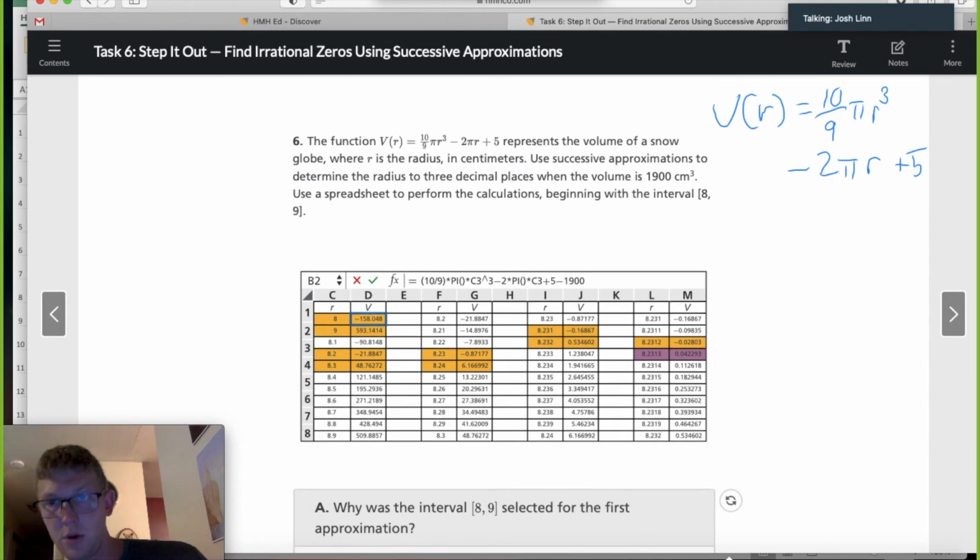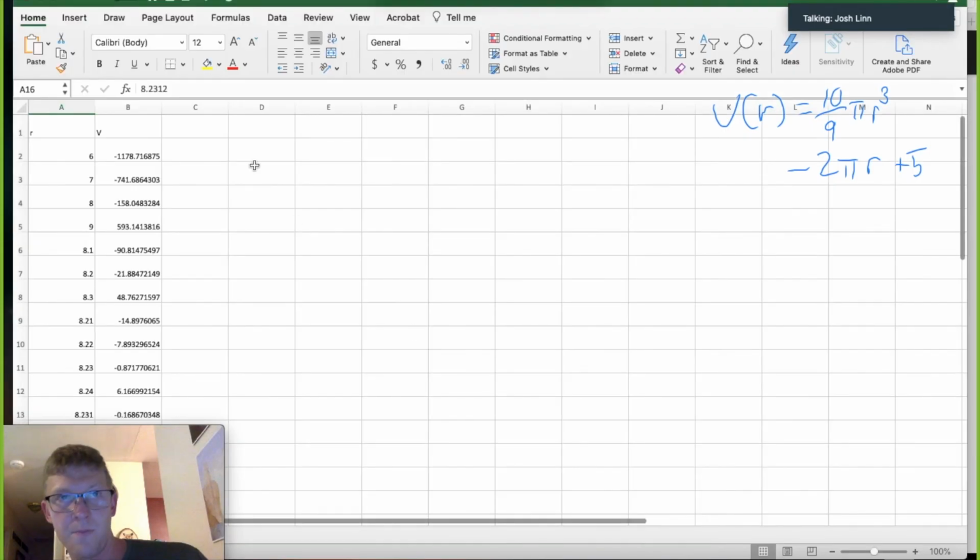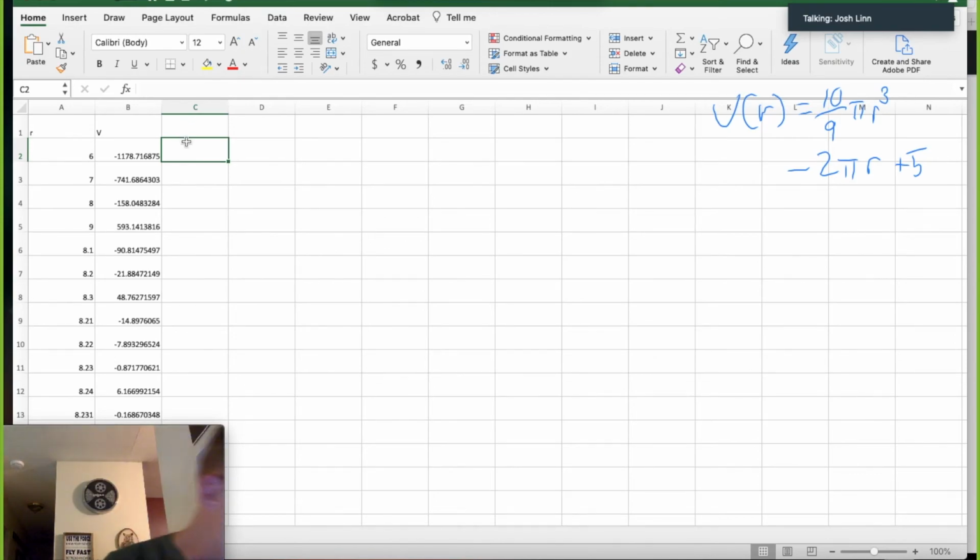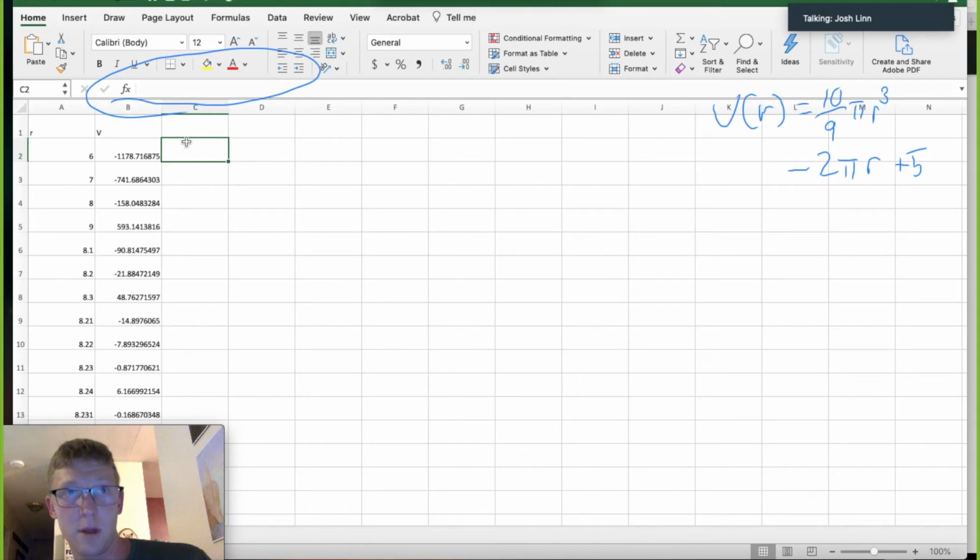So we're going to go into Excel, and in Excel, if you look up here, you can add formulas. So on this side, I just threw in numbers, but these ones, I put in a formula.